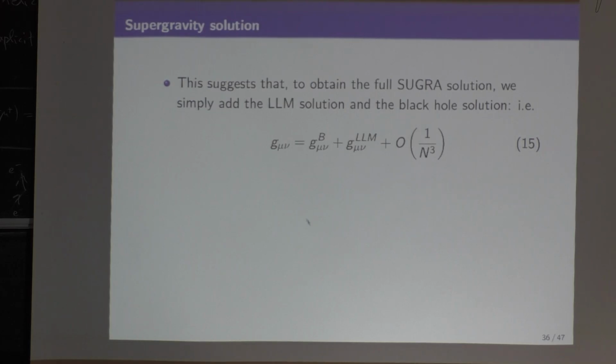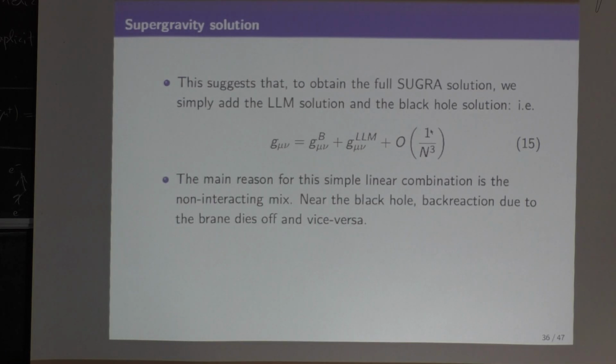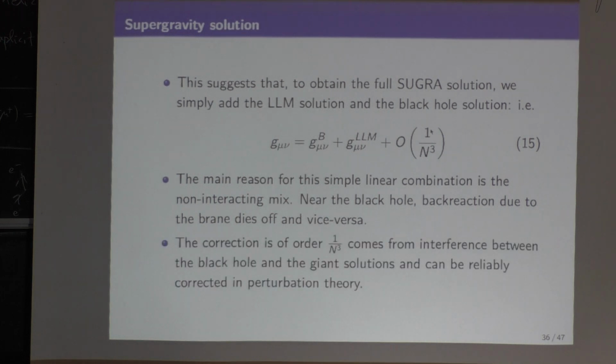Because of this, we can simply add the black hole metric and the LLM metric in the total metric, and the subleading corrections which will be 1 over N cubed can be perturbatively accounted for. They are just a linear combination because of the non-interacting mix. Okay, this I already said.